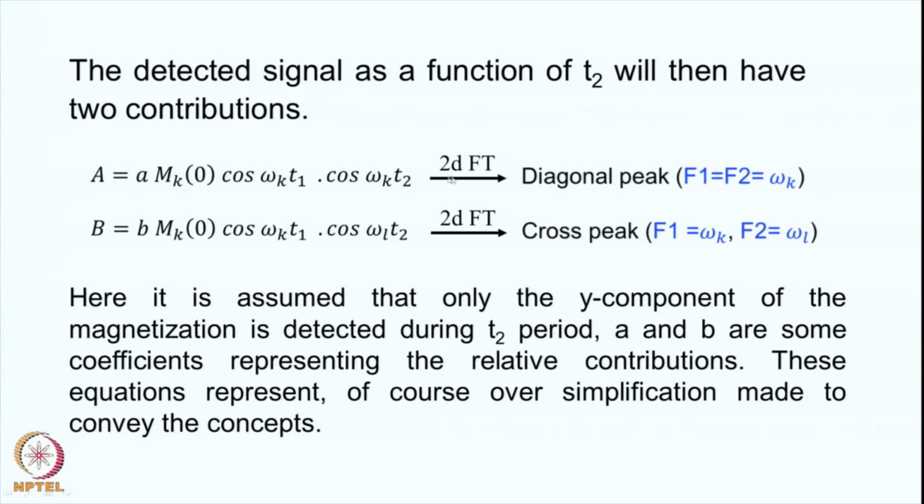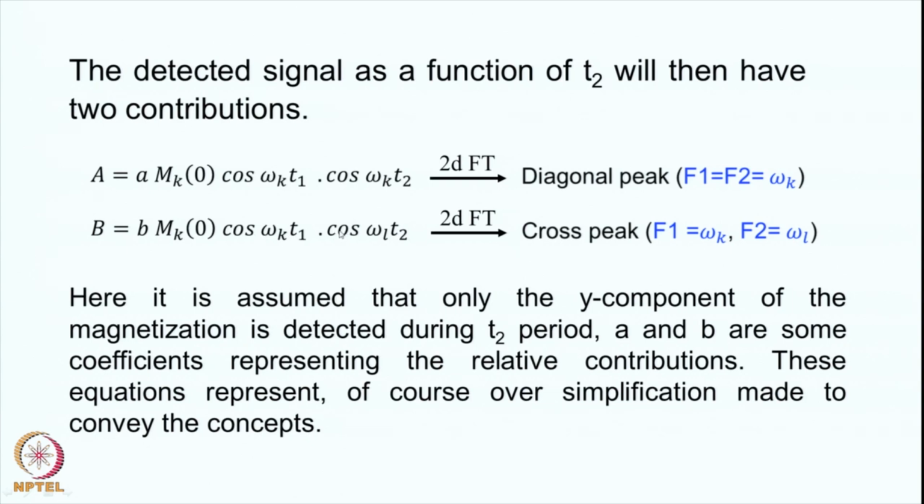Consider this term, what will it generate? It will generate a frequency omega k along the F1 dimension and the frequency omega k along the F2 dimension. Therefore we call this the diagonal in the 2-dimensional frequency domain spectrum. This is F1 equal to F2 equal to omega k.